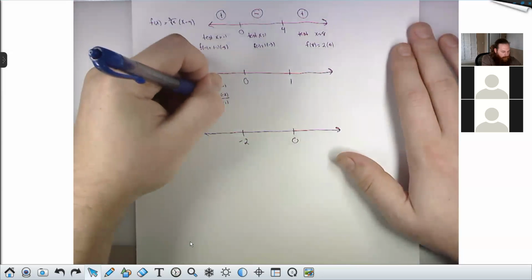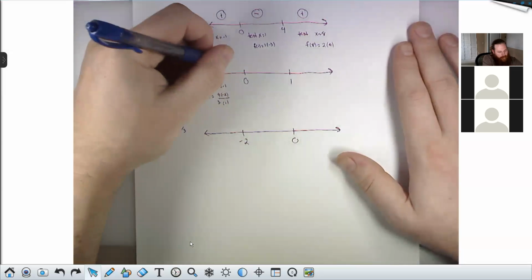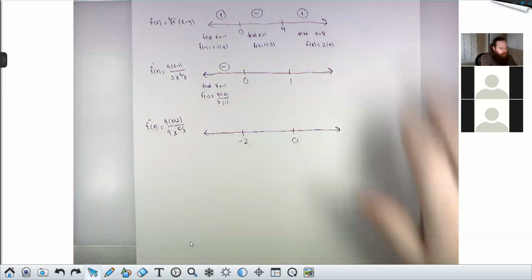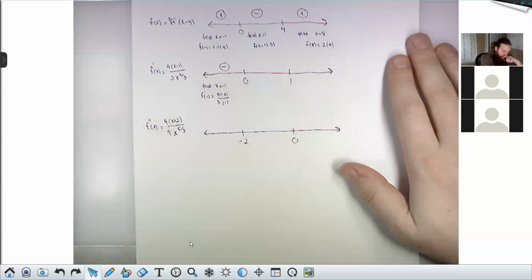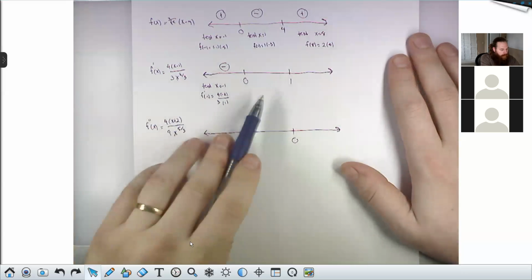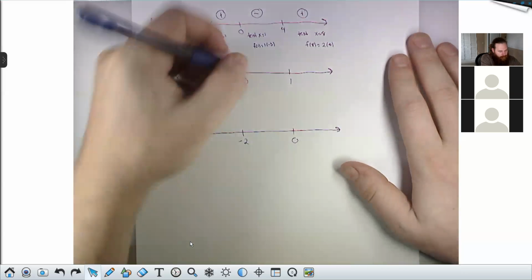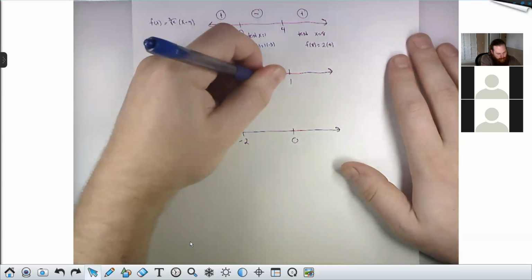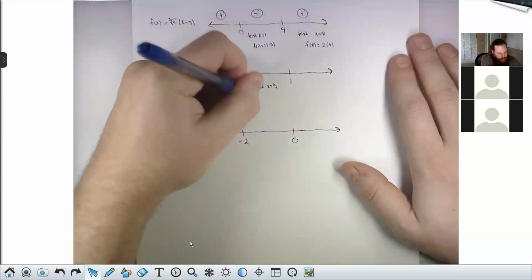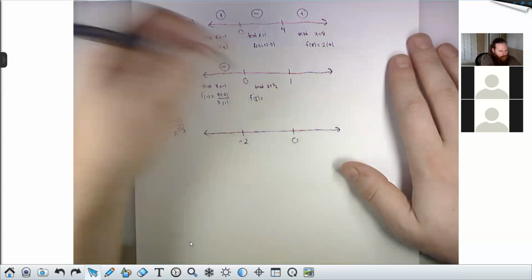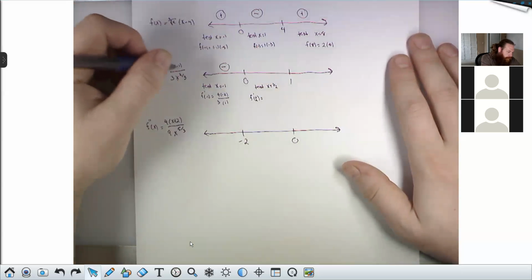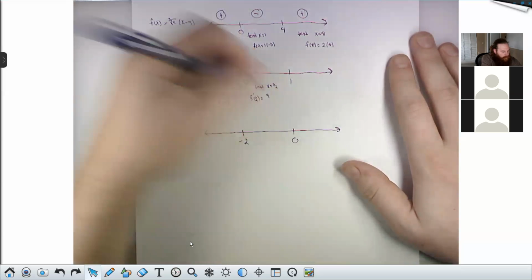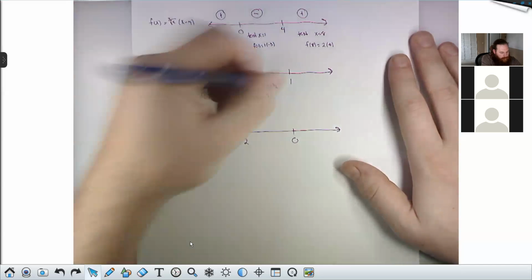So that's negative 8 over positive 3, that's negative. If you test something between 0 and 1, like 1/2, f primed of 1/2 is 4 times 1/2 minus 1, sorry, 1/2 minus 1 is negative 1/2.